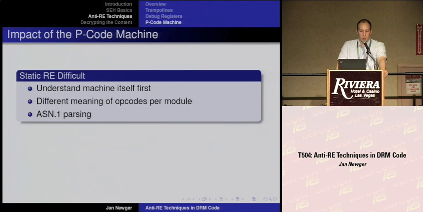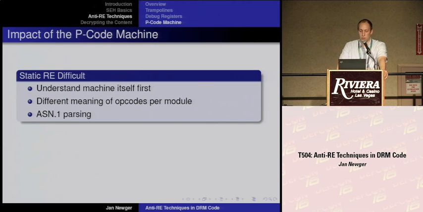So the impact on reverse engineering, why is this difficult? Because you need to understand the machine itself before you can even start to understand the opcodes which are contained in the files or the main program. And as I said, due to the randomization, we have a different meaning for each opcode on a per module basis.